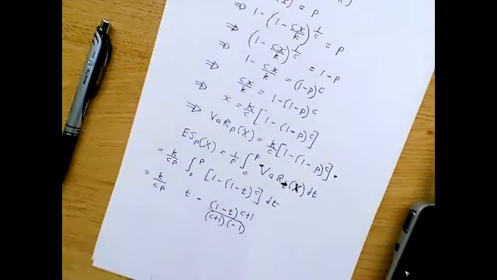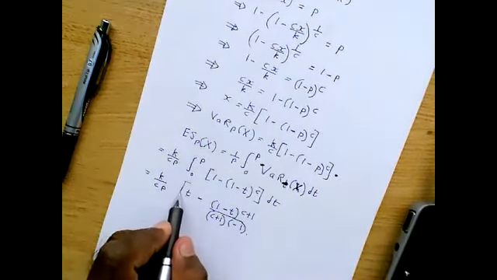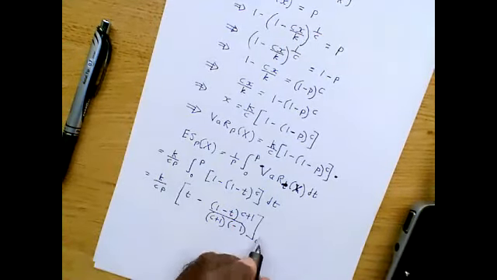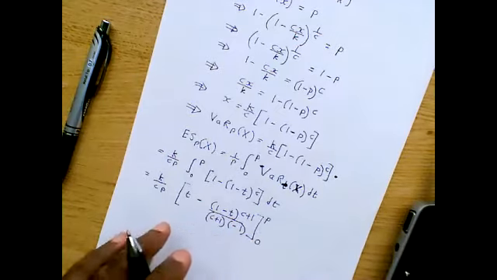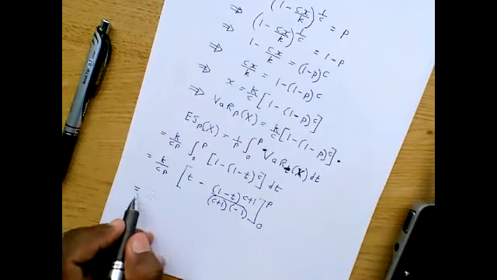You need to divide also by -1 because of this. Then you take the limits from 0 to p.